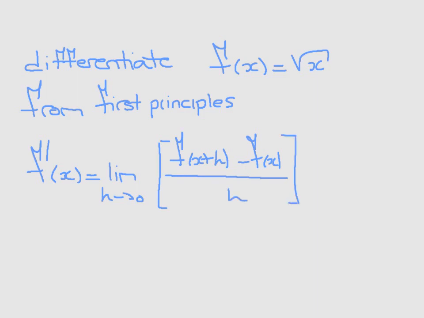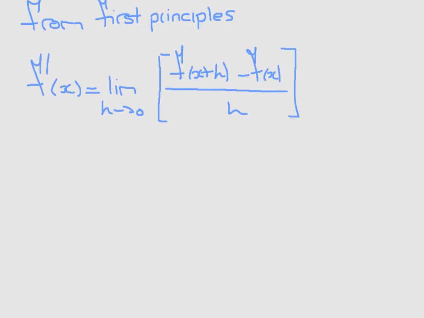So, since in this case f(x) = √x, this will be equal to the limit, as h tends towards 0, of (√(x+h) − √x)/h.